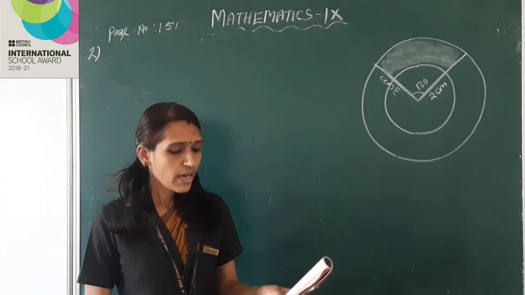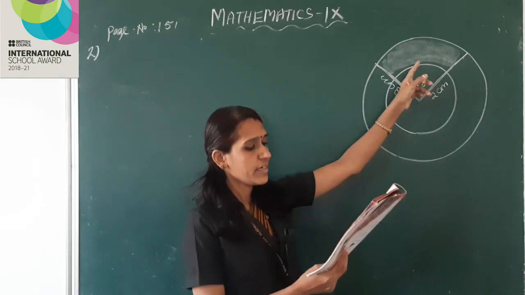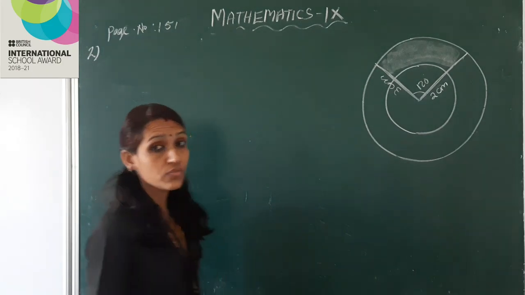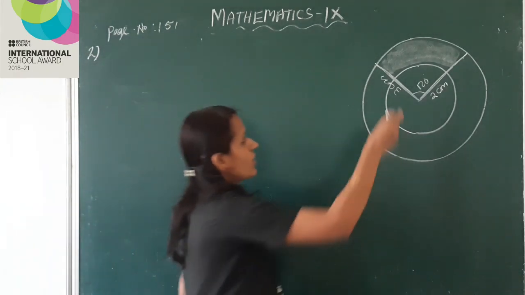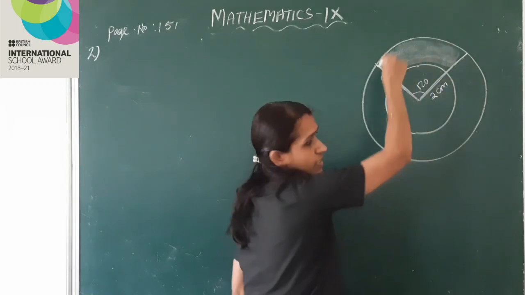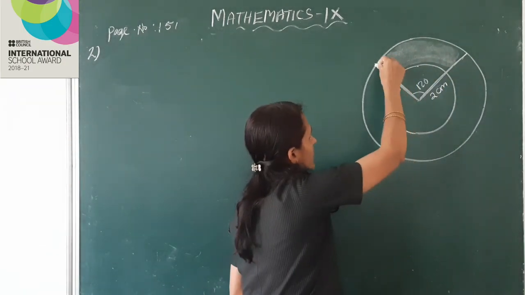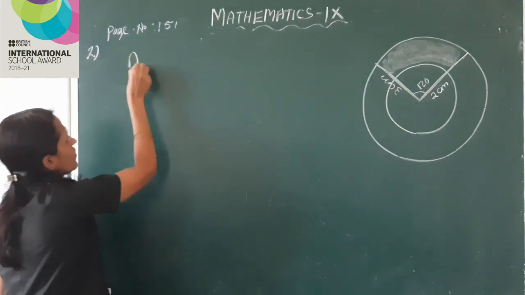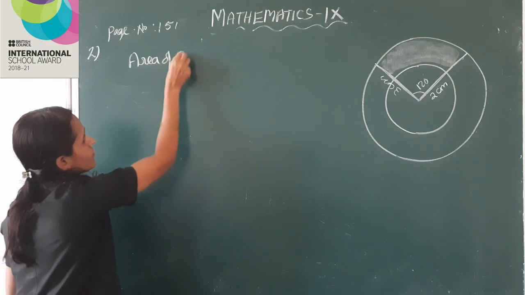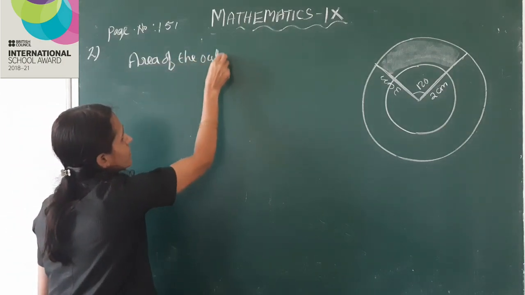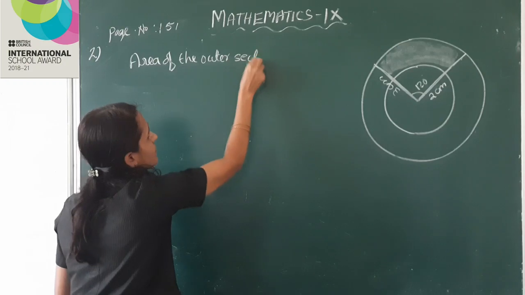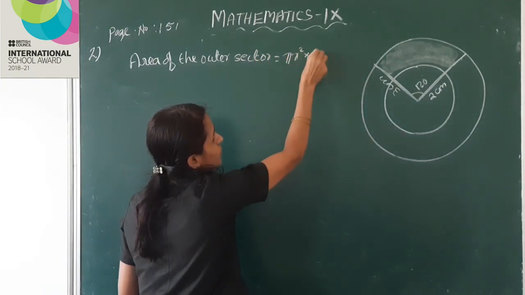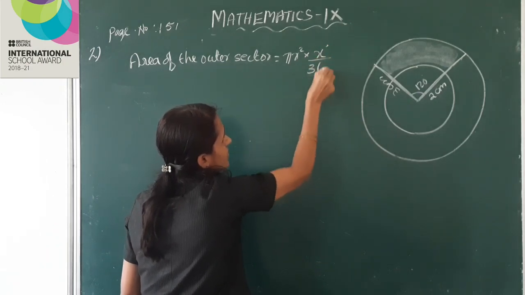Next, calculate the area of the shaded part of the picture. First we have to find the area of the outer sector. Outer sector radius is 3 centimeter. So area of the outer sector is equal to pi r square into x degree by 360.